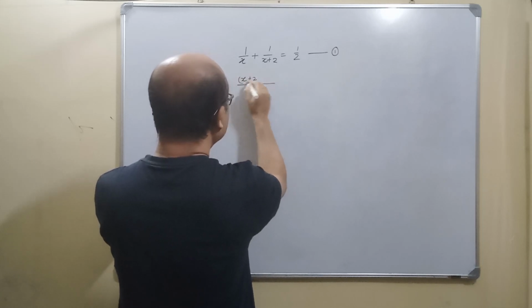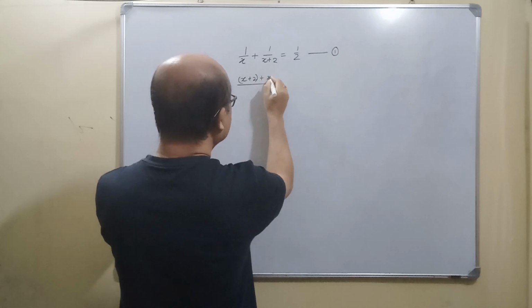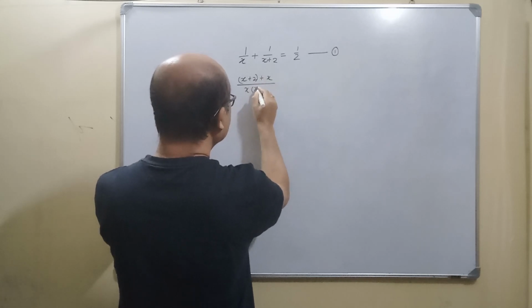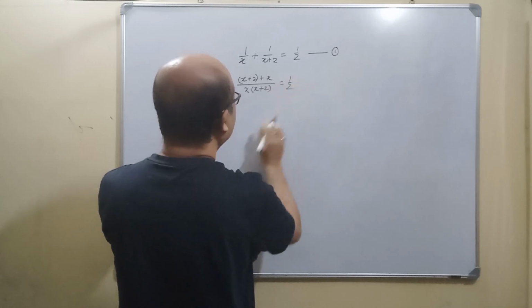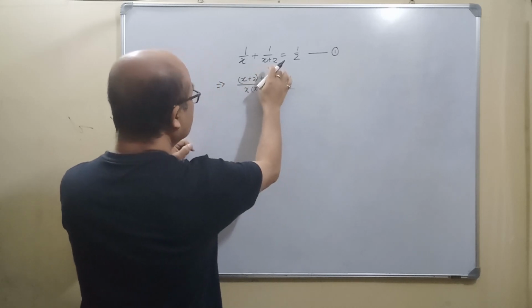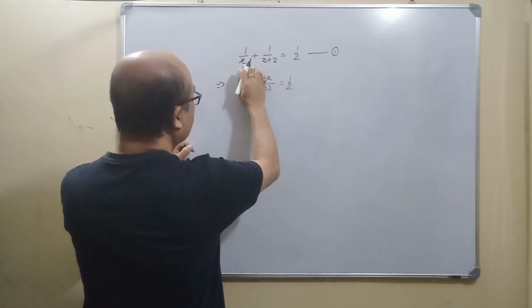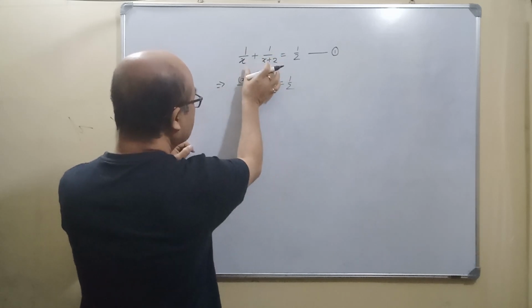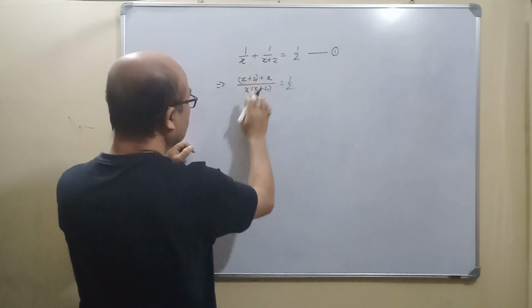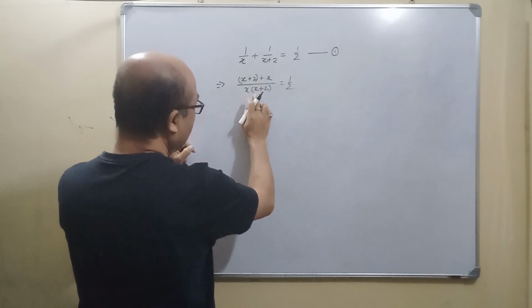x plus 2 plus x over x into x plus 2 is equal to half. x plus 2 into 1, x plus 2, then again x into 1, x, and the LCM of these two is x into x plus 2.